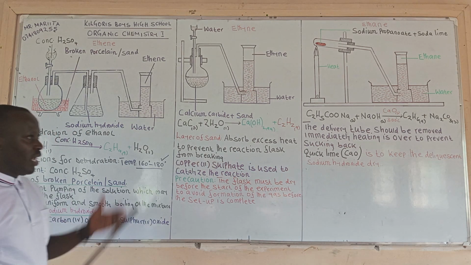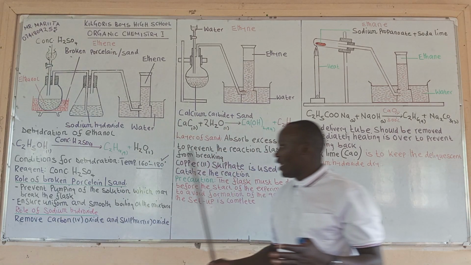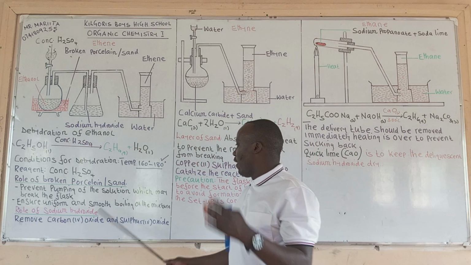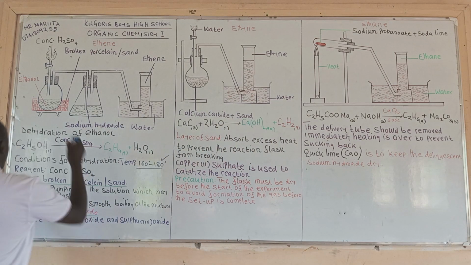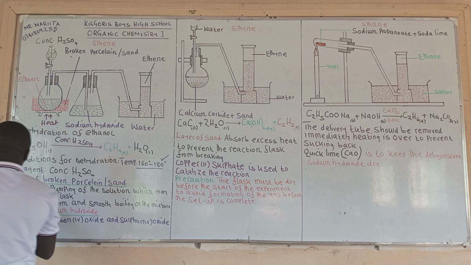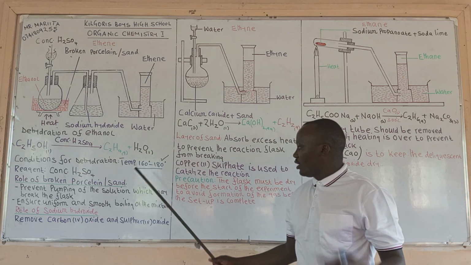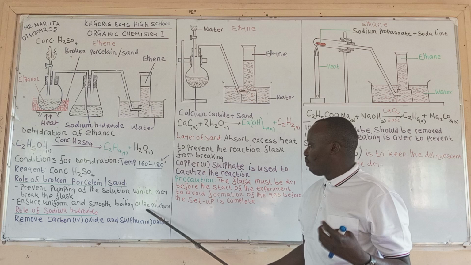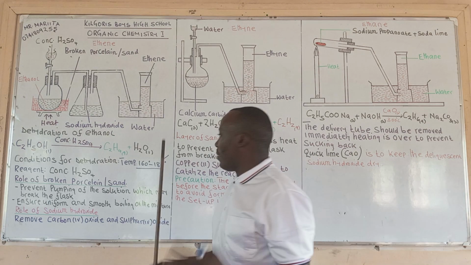Then number two, the purpose of this sand or the porcelain is to ensure uniform and smooth boiling of the mixture. So of course you can have a source of heat here. Now here we have sodium hydroxide.